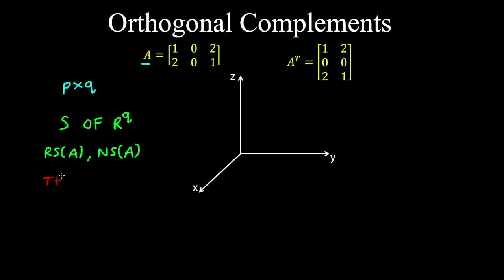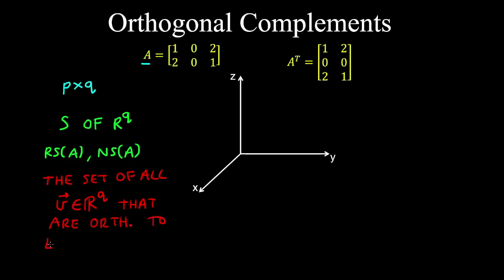Then the set of all vectors in the vector space of q-tuples that are orthogonal to every vector in S is the orthogonal complement of S, which is denoted S with a perpendicular superscript.